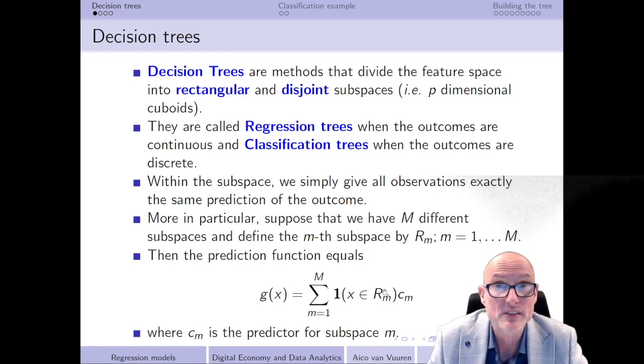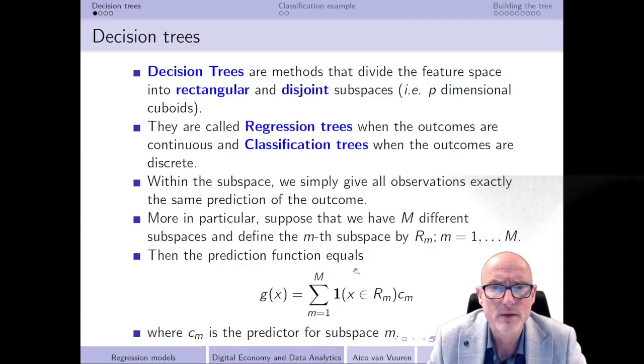Take into account that we have disjoint subspaces, so that implies that in only one of the capital M cases this indicator will be equal to 1, and in all other cases it will be equal to 0. And then we predict this Cm, where Cm is the predictor for the subspace m.